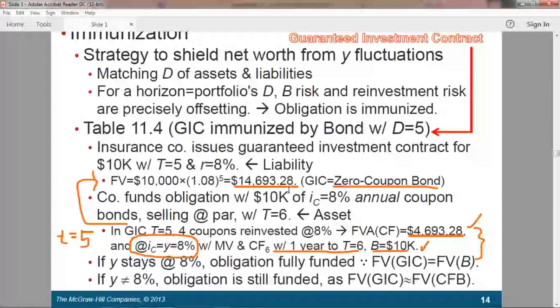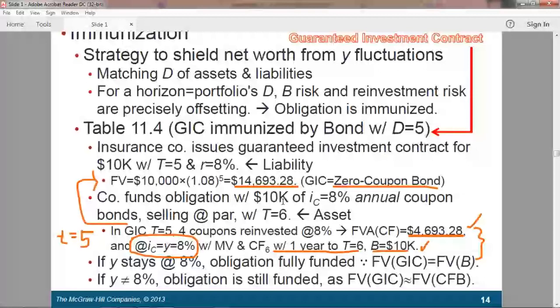And so you invested in a bond, and the future value of the bond at year 5 must be at least equal to this amount, your payment obligation. Okay, so what the company did is they put the 10K into an 8% annual coupon bond selling at par value with maturity of 6 years.